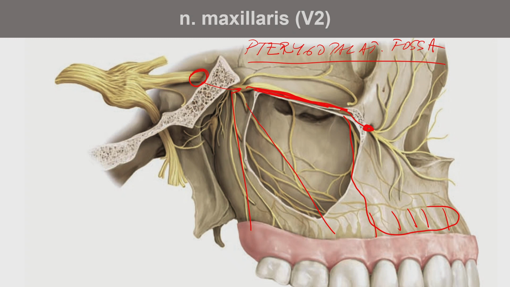So this is maxillary nerve. Maxillary nerve is also important because it is taking some branches which are connected to this structure which is called ganglion pterygopalatinum. So pterygopalatinum, which is important, and we will talk about its structure in facial nerve.